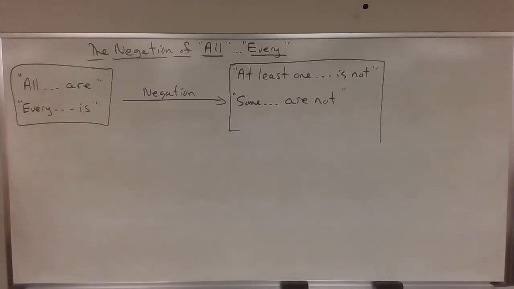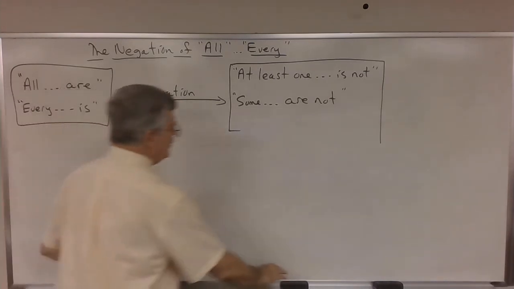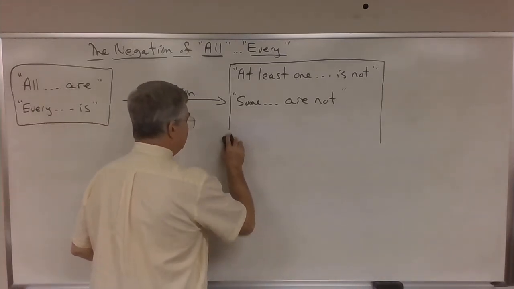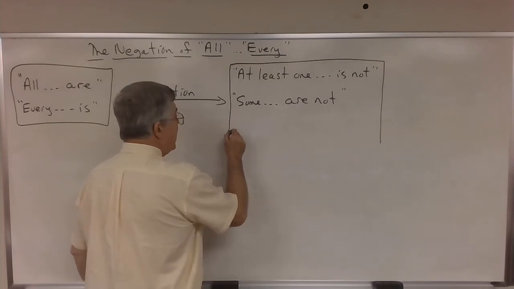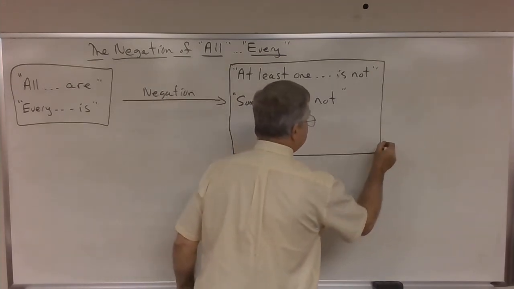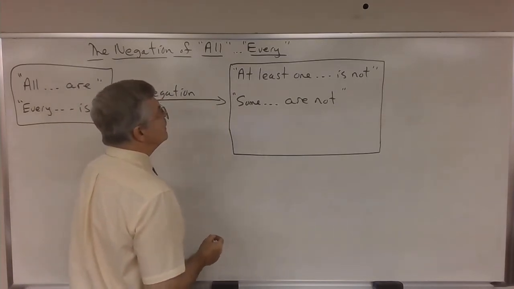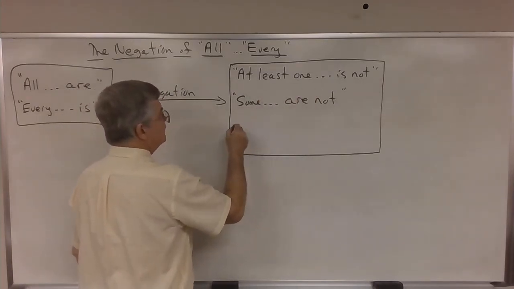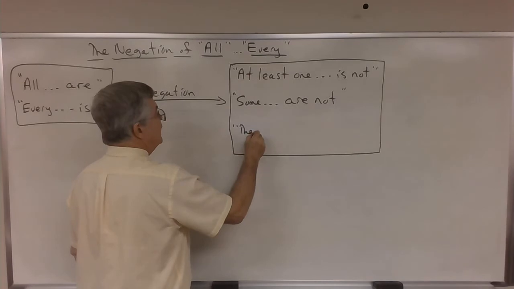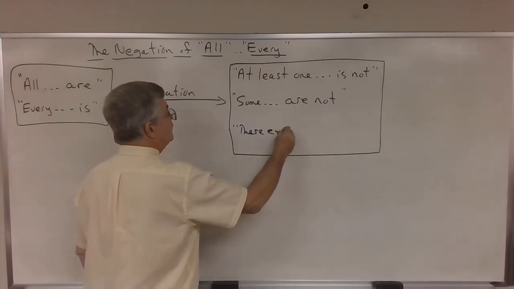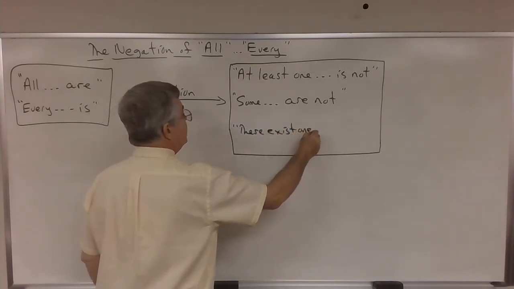And I guess there's also one more way that we can actually do this, although this is not nearly as common. At least one is not the same as saying there exists one.